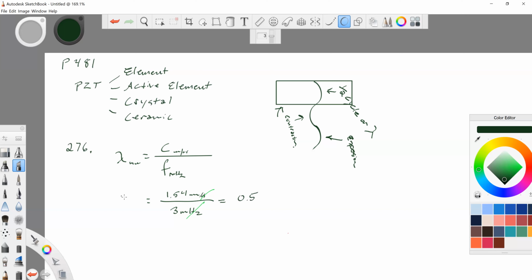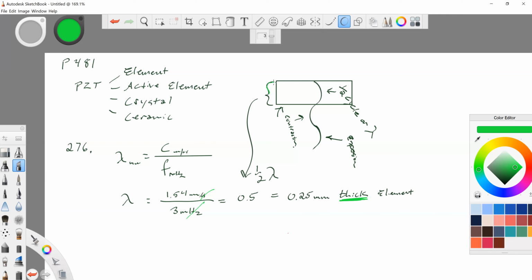That's the wavelength. But the answer to this thickness is 1/2 of that, which would be 0.25 millimeters thick. A 0.25 millimeter thick element.